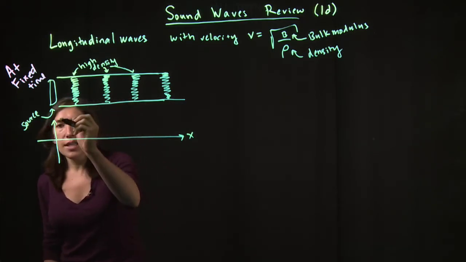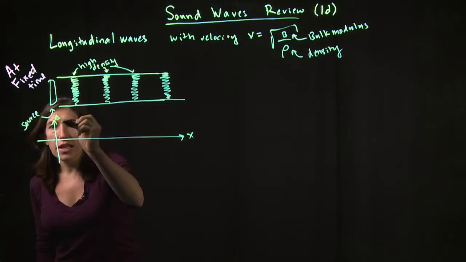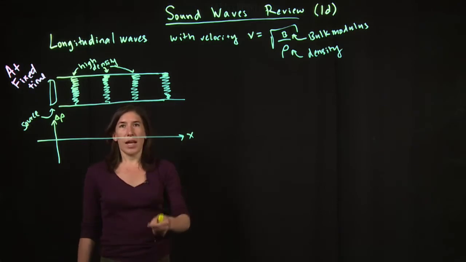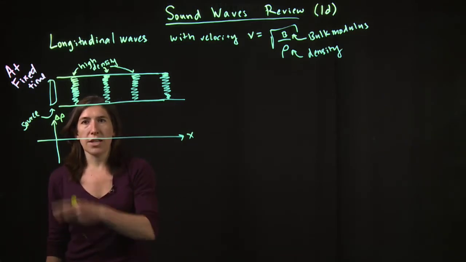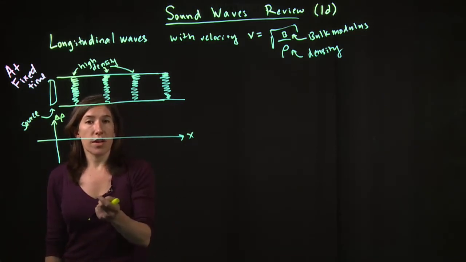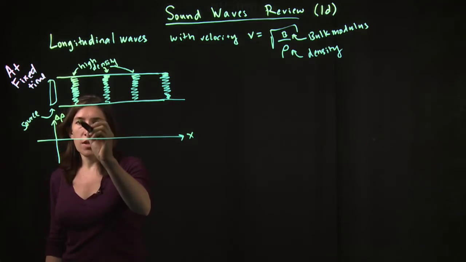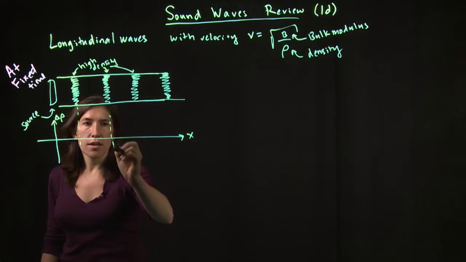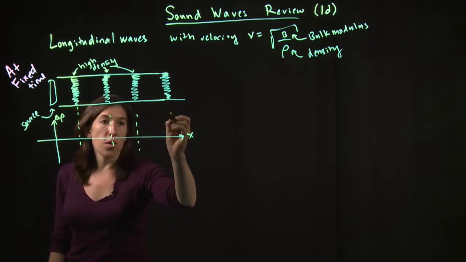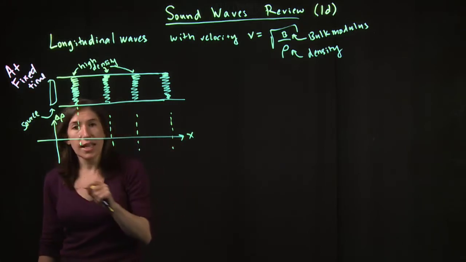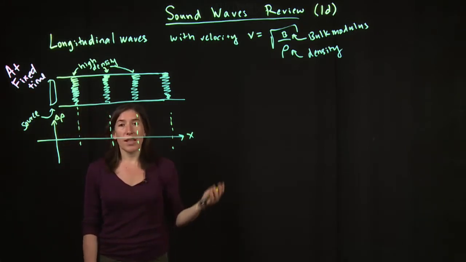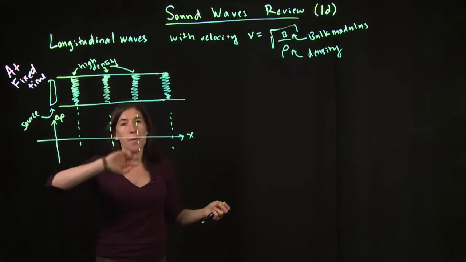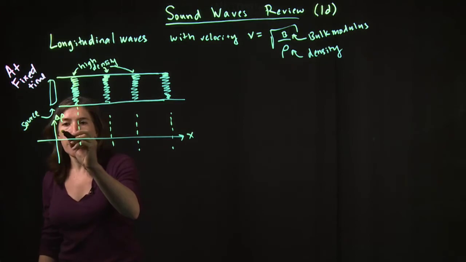So we can plot the change in density by looking at the way I roughly drew it. We're going to imagine that this is some sinusoidal sound wave. So we see here we have areas of high density, or higher than normal density. Of course, this is the change in density, measured relative to the density of the air in the room, say, or the air in the pipe before the sound wave was sent through.